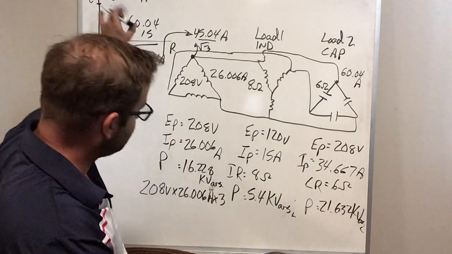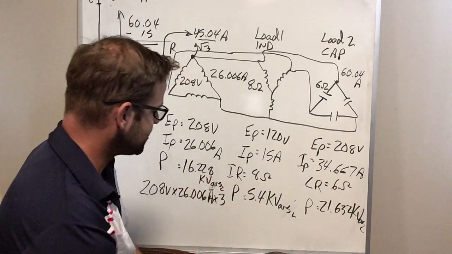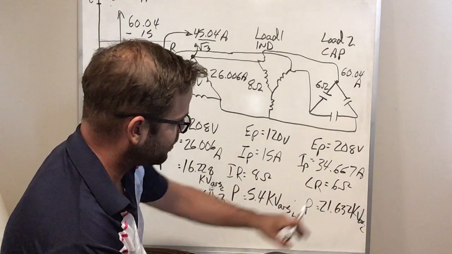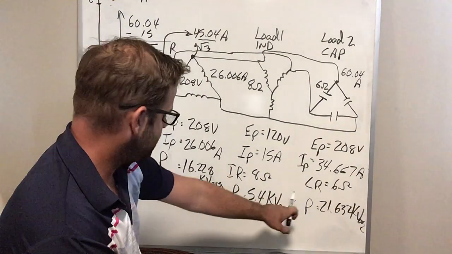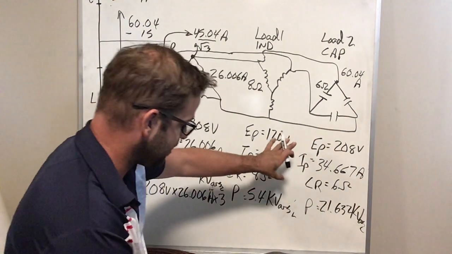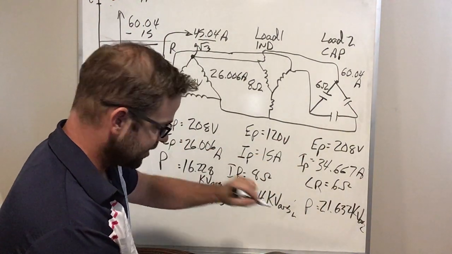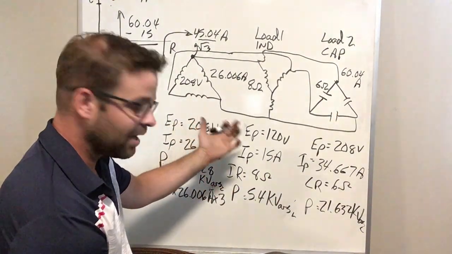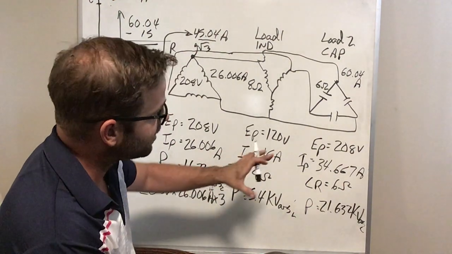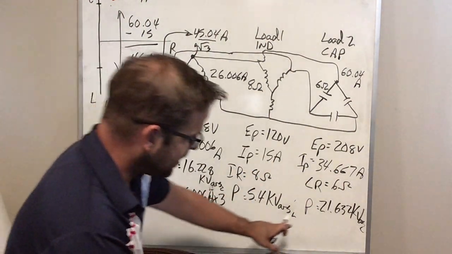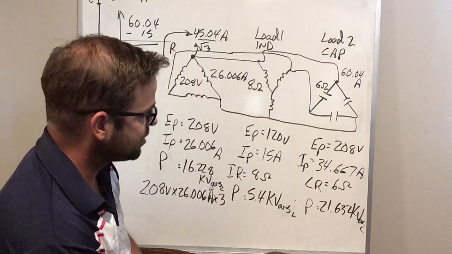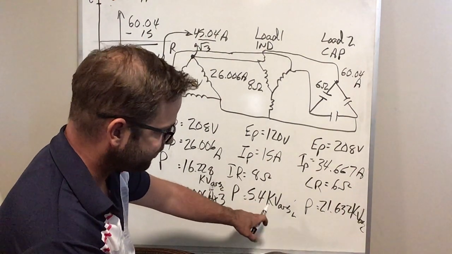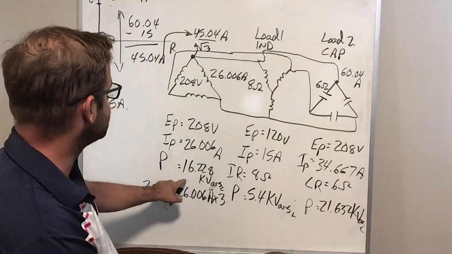And obviously we know it was more capacitive, so that would be bar C. But if we look at that value and then we look at these two values for load number 1 and load number 2, you can see that powers for phase values and powers for line values are calculated slightly differently, but they both should come out with the same answer. So if I take my load number 2, my capacitive load, 21.632, and subtract 5.4 kVARs from it, it should give us this value.